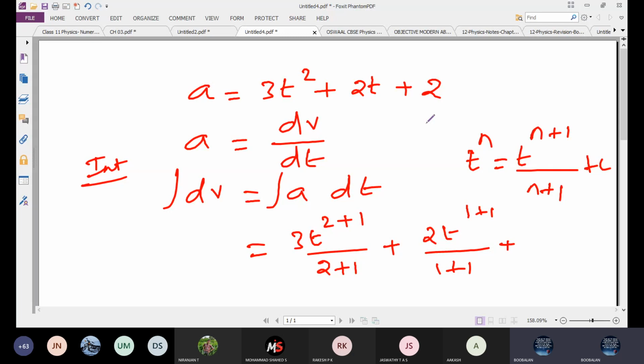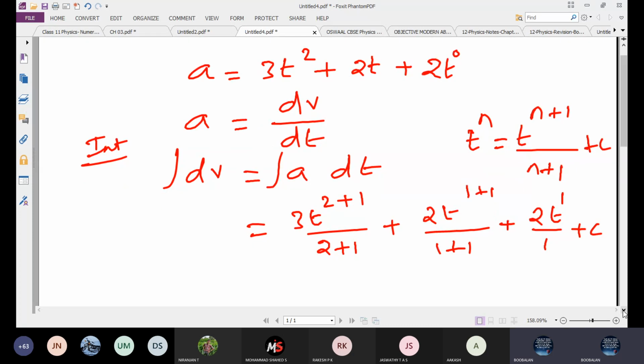Anything power 0, the value is 1. 2 into t power 0 plus 1, I write directly 1, divided by 0 plus 1, plus C. C is the integration constant.